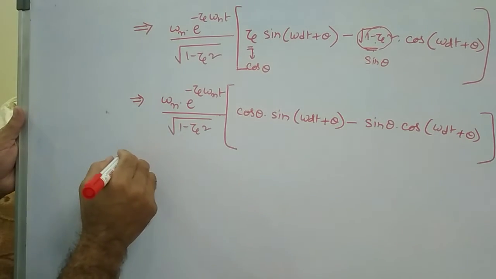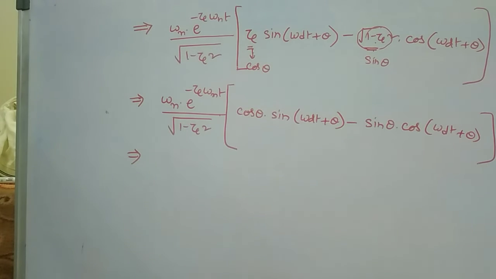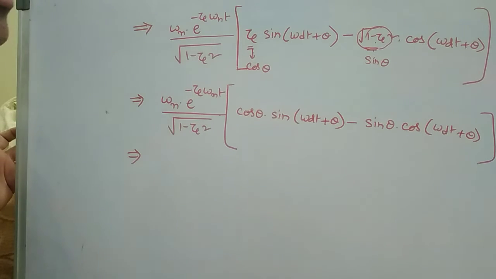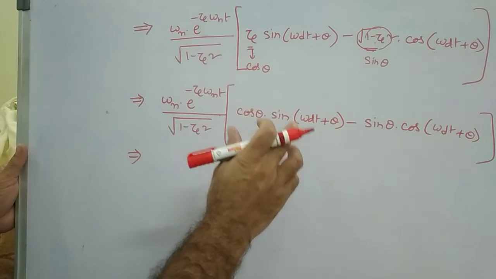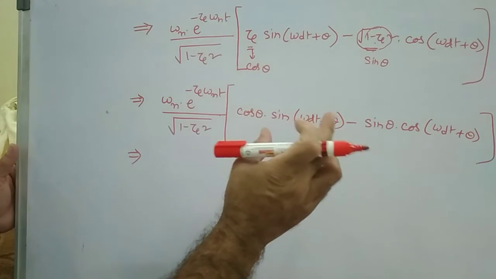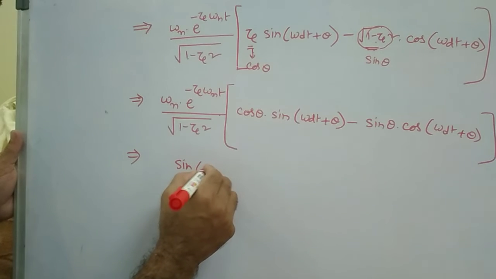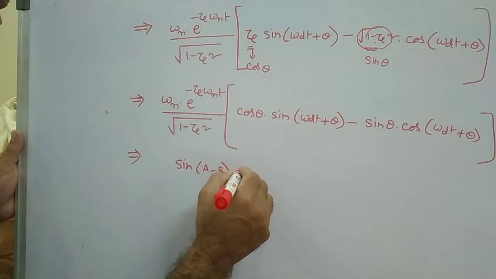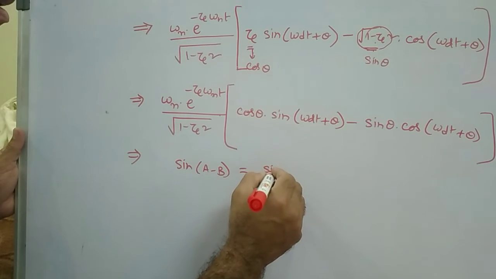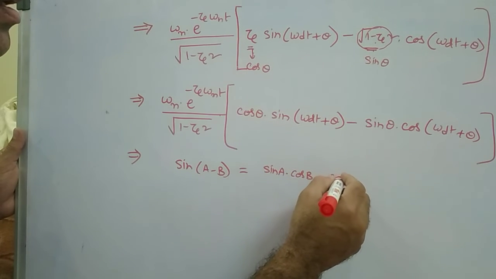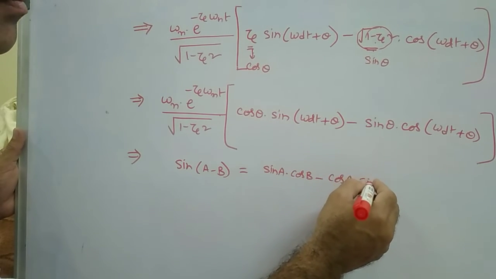Clear? This implies now, and you can rearrange this. Basically, from the trigonometric relations, there is a relation for sin of a minus b. You know, sin of a minus b from the trigonometric relations. What is sin of a minus b? It is sin a cos b minus cos a sin b.